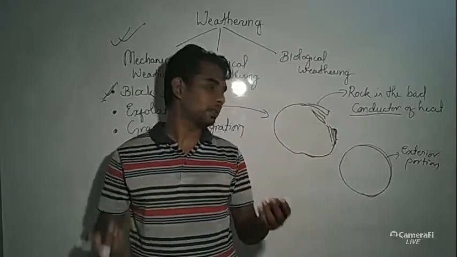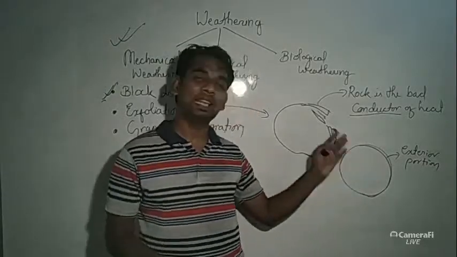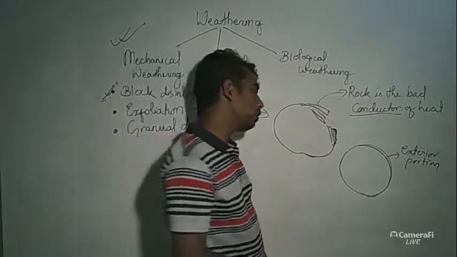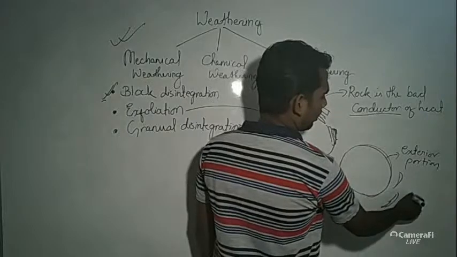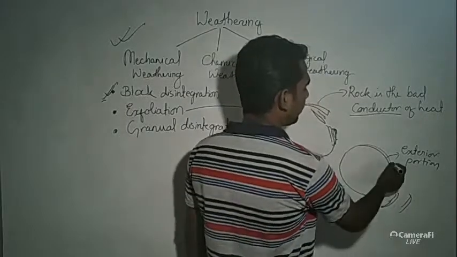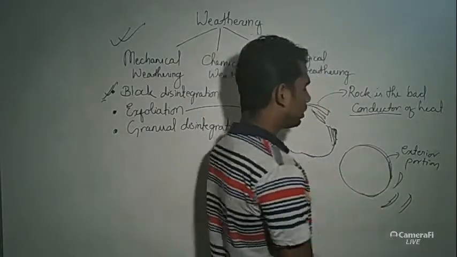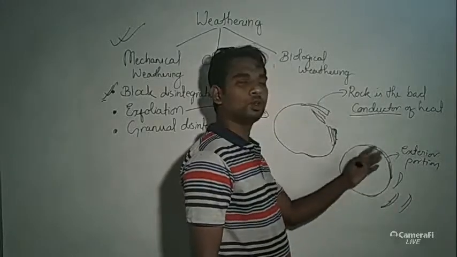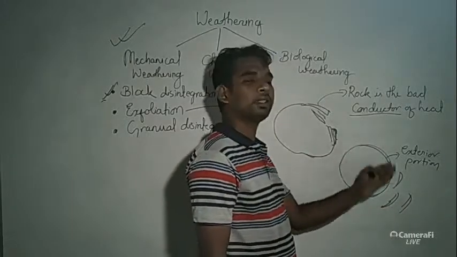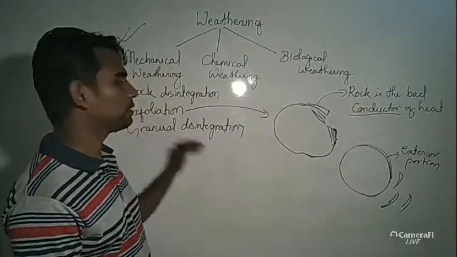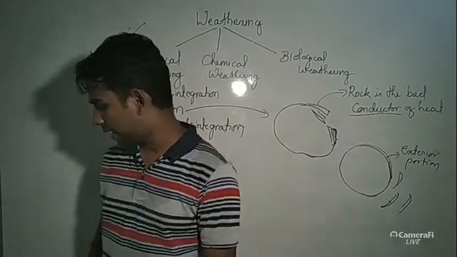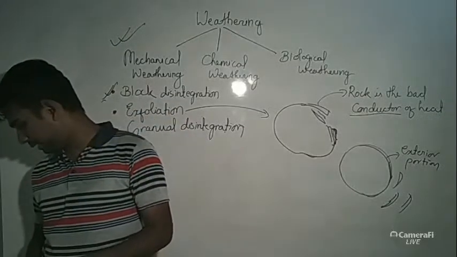Due to over expansion, automatically cracks appear, and slowly, like the peels of fruits, the way they fall, in small small pieces the exterior part falls down. So this is the process called exfoliation. Clear?